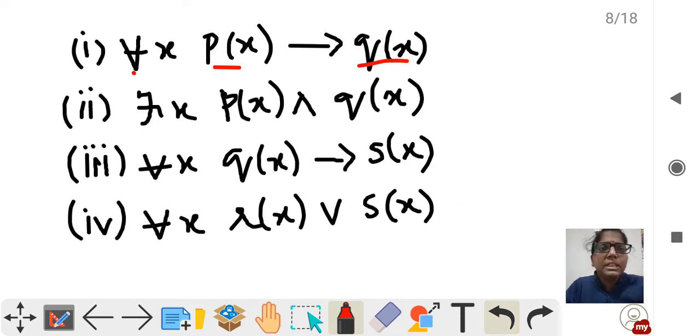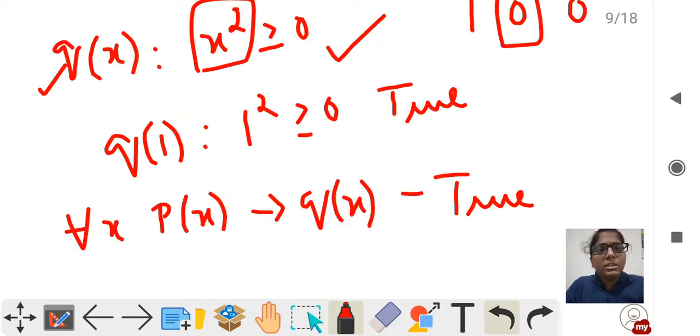So the second one is there exists x, P(x) and Q(x). For this case, there exists is here, so it is an existential quantifier. So you can take only one value of x so that the statement should be true. So if there exists an x, then you can conclude that the statement is true.